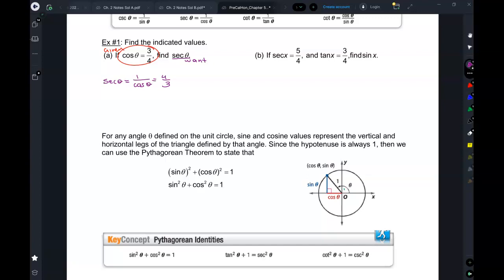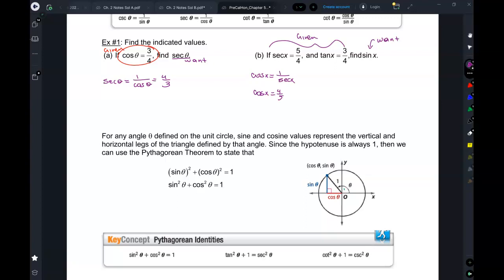Okay, so here you have secant of x is 5 over 4, tangent is this. This is the given, and this is what we want, right? So I know that cosine of x is equal to 1 over secant of x. So I know that cosine of x is 4 over 5, right? What I'm given here is secant and tangent, and I want to find sine.